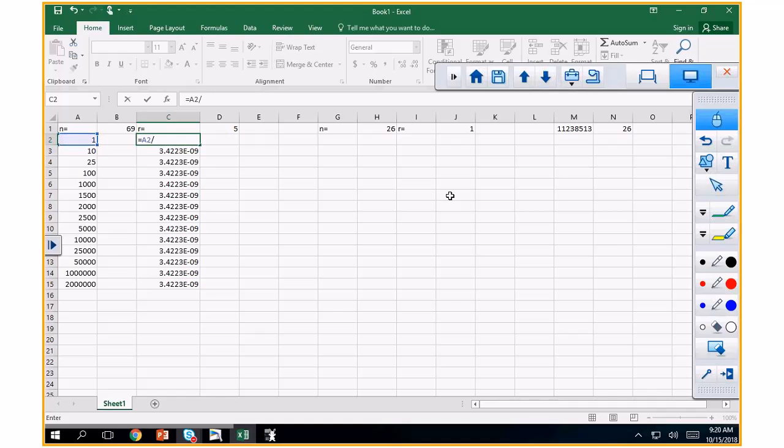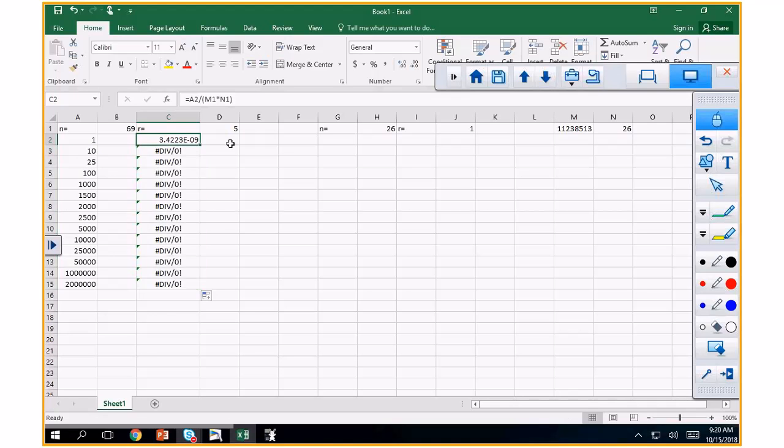One divided by parentheses, this guy times this guy. I don't know why it's doing that. Let me try this. Yeah, it's not going to do it. Maybe I ought to just put it right here and see if it does it. I don't think it's going to do it.